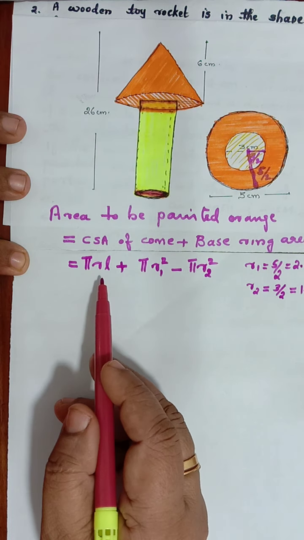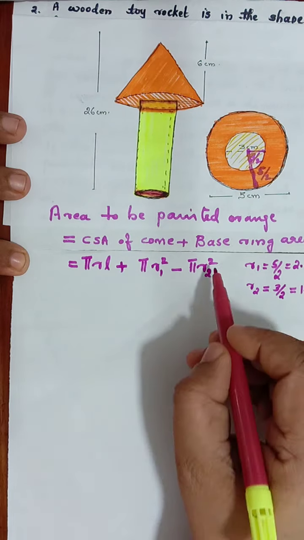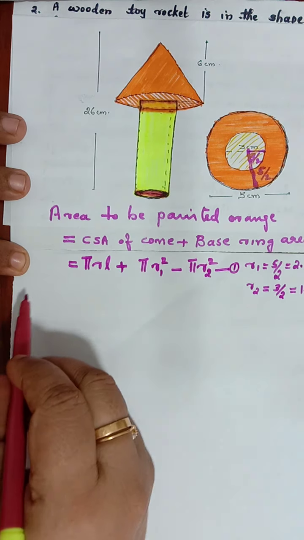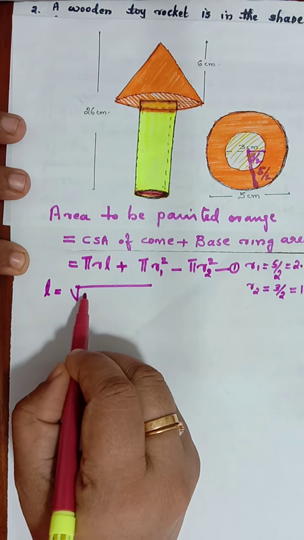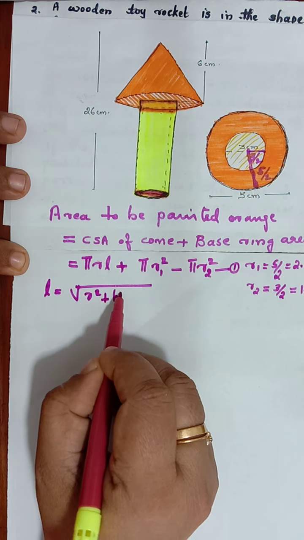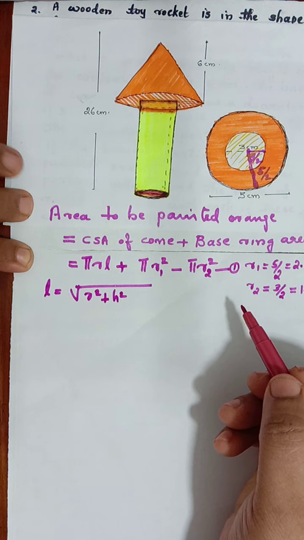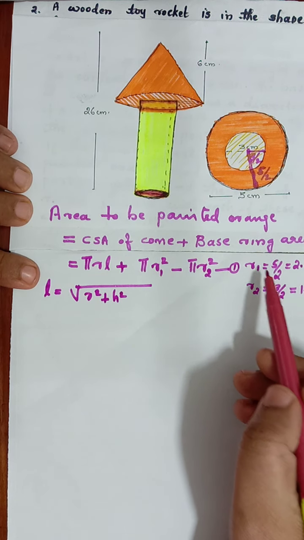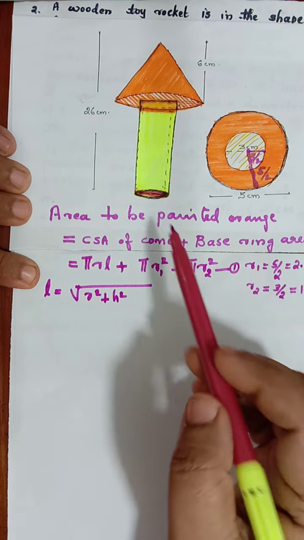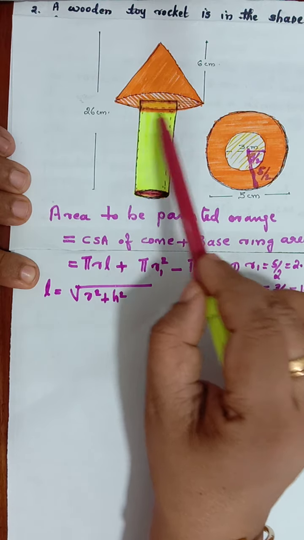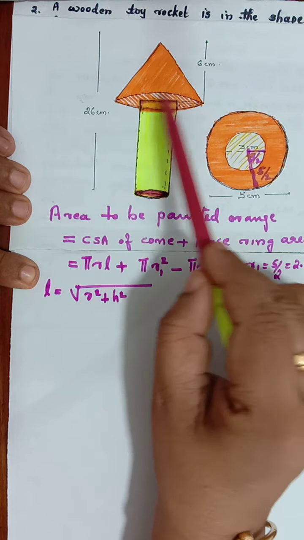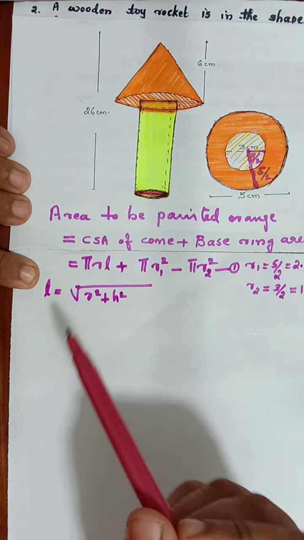First let us find out what L is equal to. Let us mark it as equation number 1. So L is equal to square root of R square plus H square. What is R and H? Here we have to take R as 2.5. It is the cone's radius. The base radius is 5 by 2, that is 2.5.